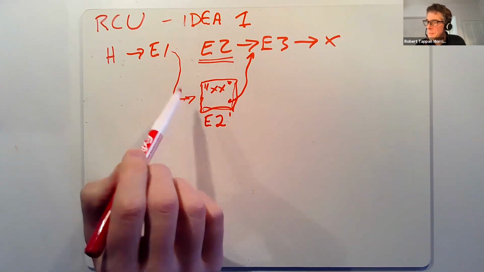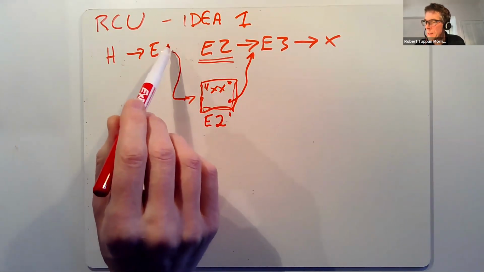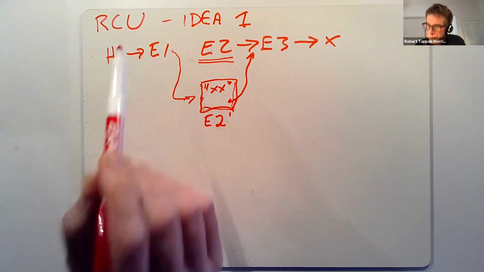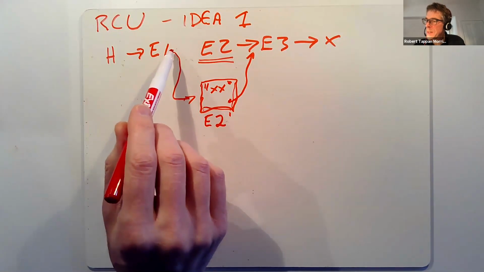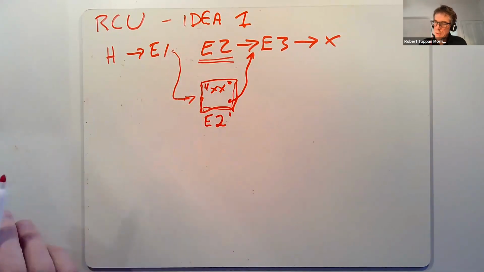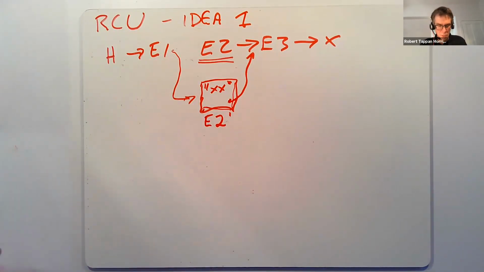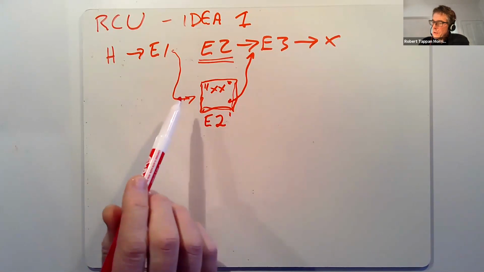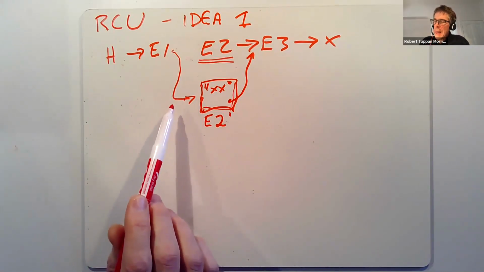Because they're atomic, with that one instruction, with the one atomic store, it's an ordinary store, but it's indivisible, we switch E1's next pointer from pointing to the old one to the new one. And that write is what commits us to now using the second version. This is a very basic technique, a very important technique for RCU.